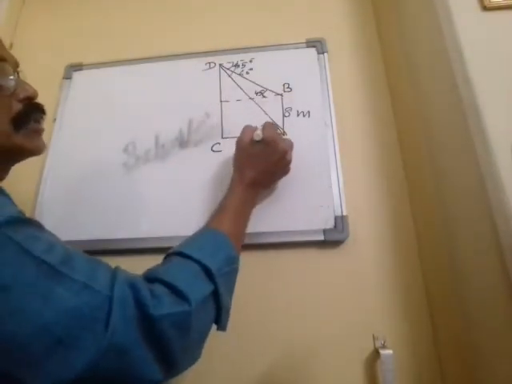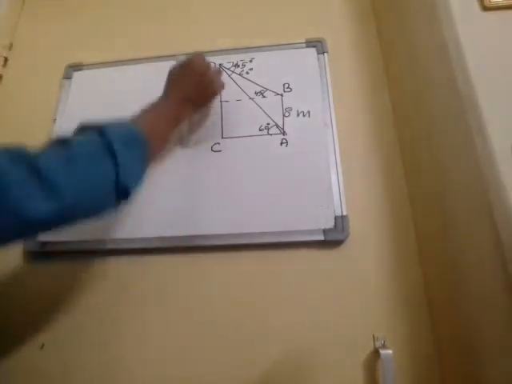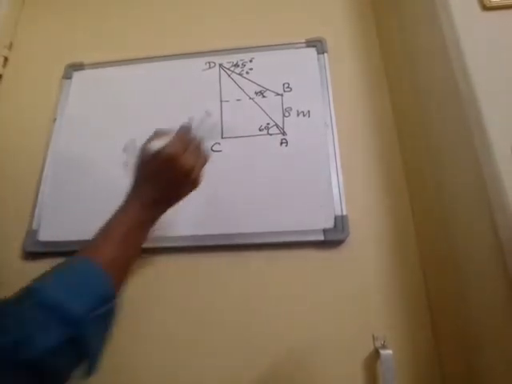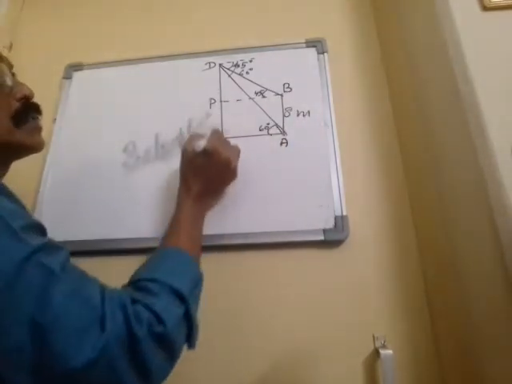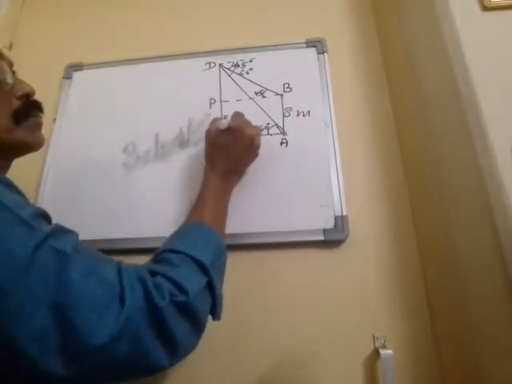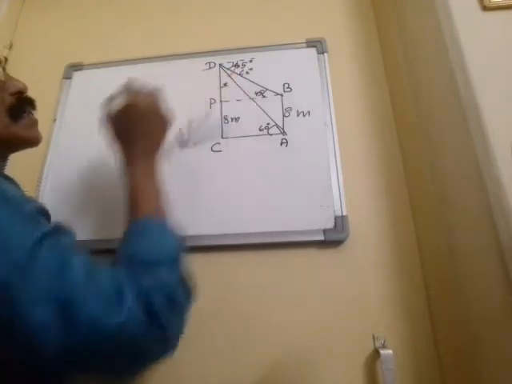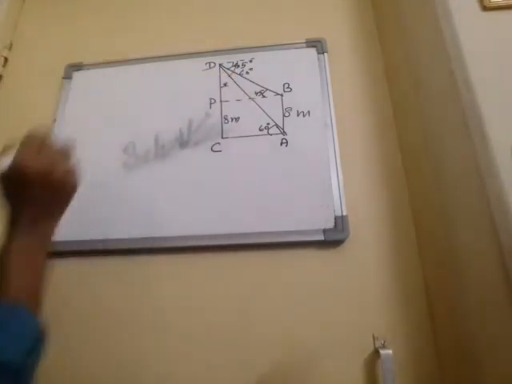So here it is 60 degree. Question is to find the height of the multi-story building and also the distance between the two buildings. So here it is AB is 8 meter, so CP, that is also 8 meter. This I take it as X, PD.